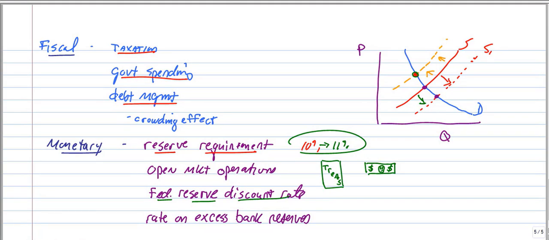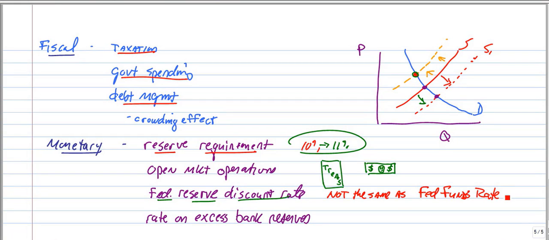Most banks do not borrow from the Fed. Most banks borrow from each other. Now I'm going to come over here and put: not the same as the Fed funds rate. But most banks actually borrow from each other. And the rate that banks charge each other is the federal funds rate.